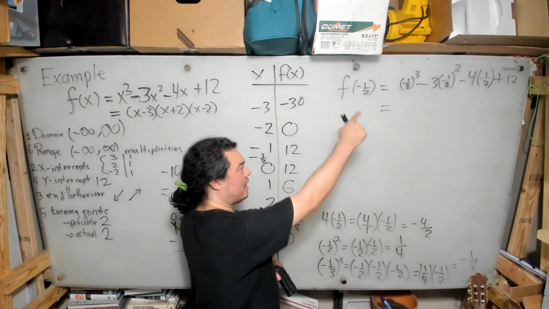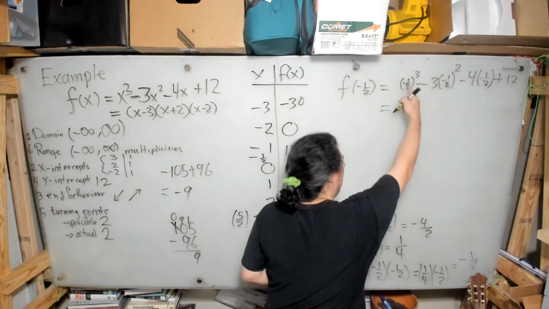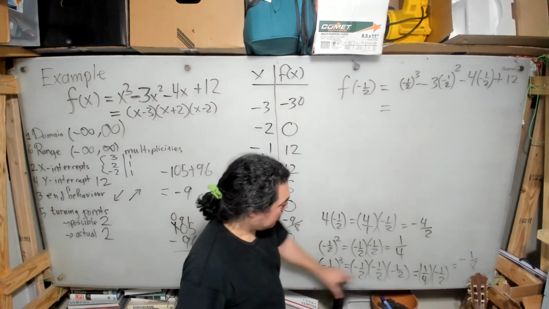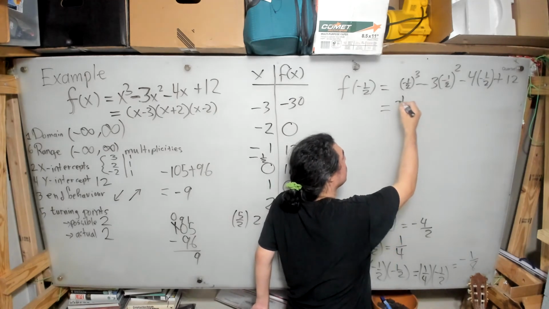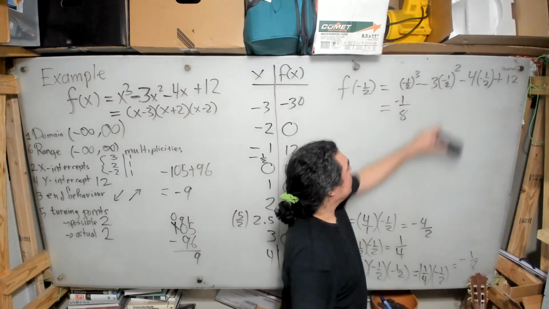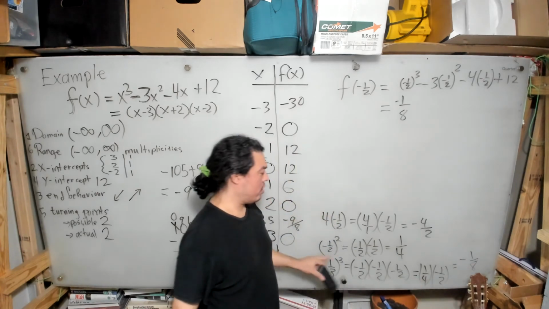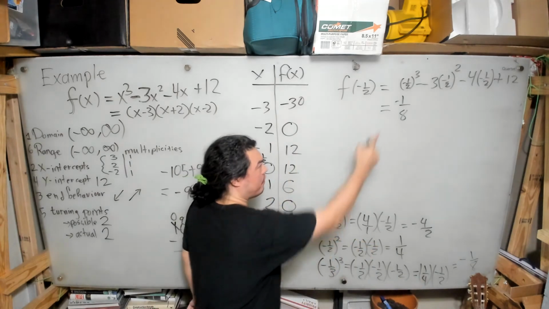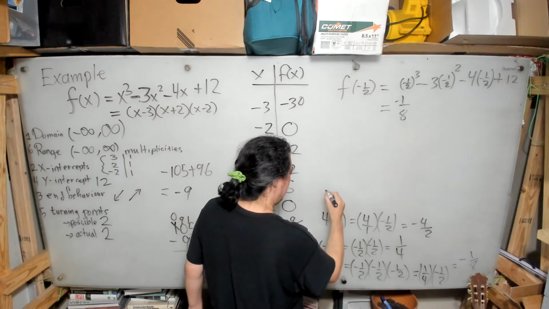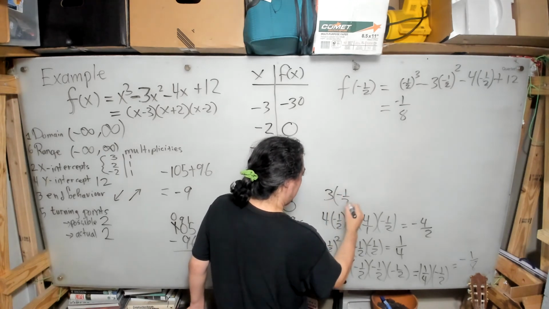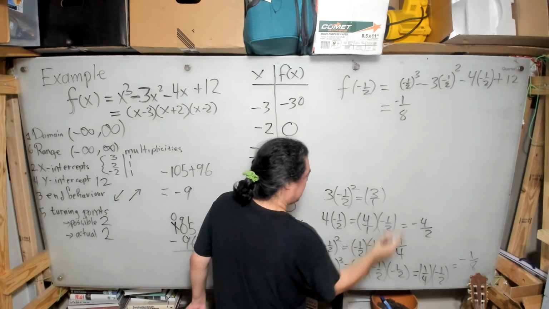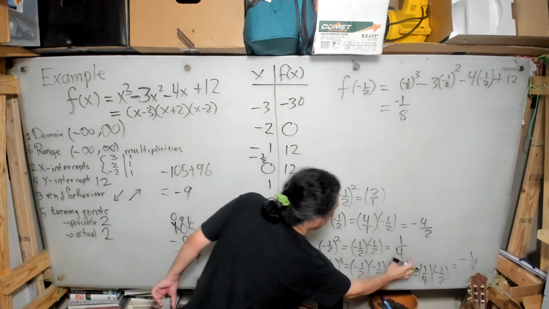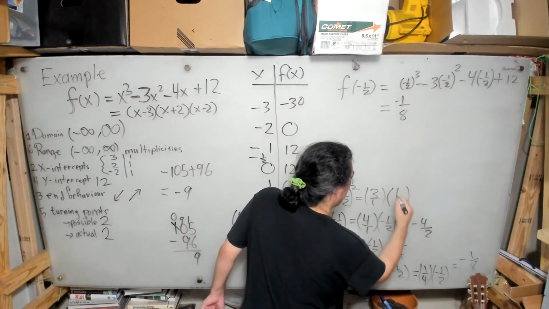So now I can rewrite this line as follows. Negative 1/2 cubed we saw from here is negative 1 over 8. We saw from this part that negative 1/2 squared is 1/4. So 3 times negative 1/2 squared is equal to 3 over 1 times 1/4.